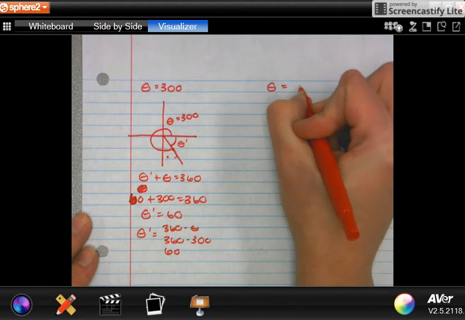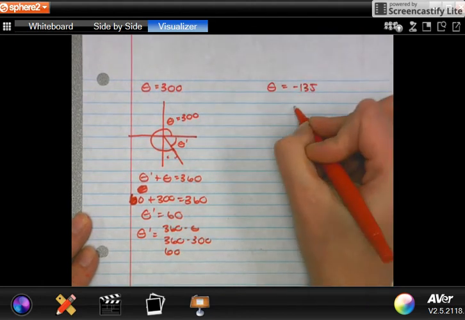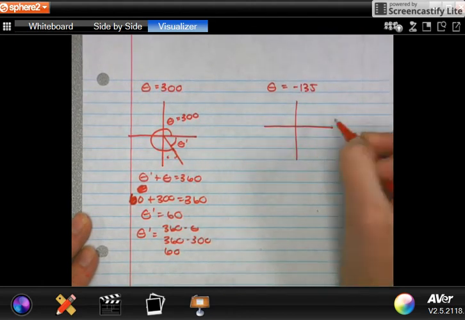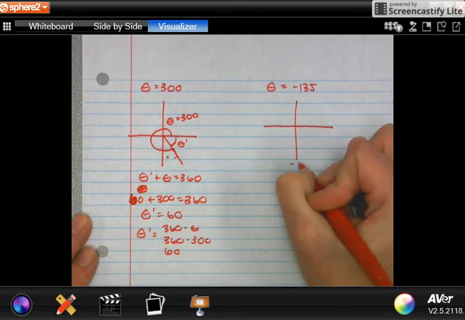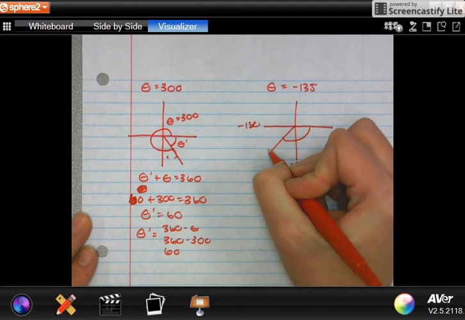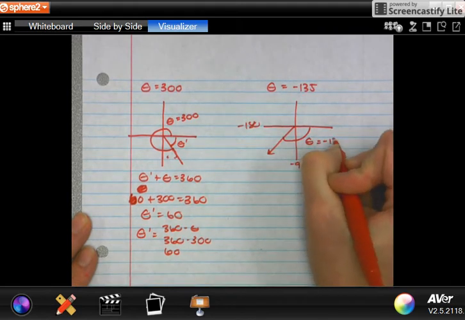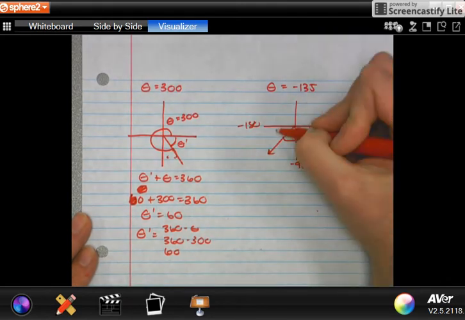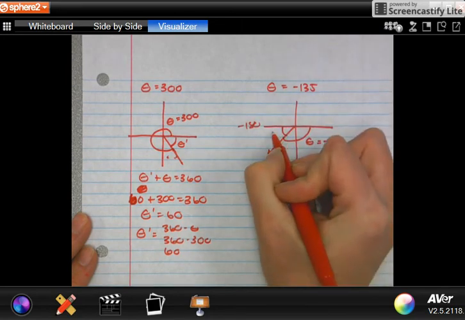Let's do another one. Let's say that theta is negative 135. I know that's negative 90, negative 180, so negative 135 would be around there. The reference angle would be this one here.